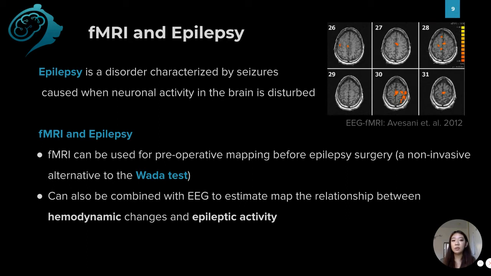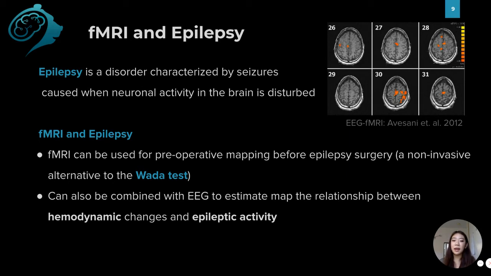It's usually used before performing epilepsy surgery, which is designed to remove the seizure center of the brain or limit seizure activity in a specific region. But fMRI actually provides a more specific brain mapping before epilepsy surgery, and is also non-invasive, which is significantly less uncomfortable, I suppose, for the patient.